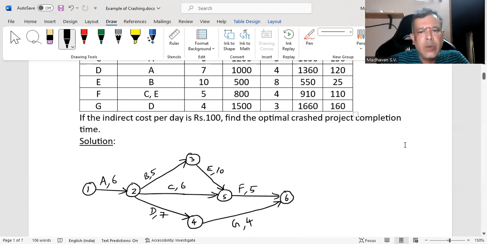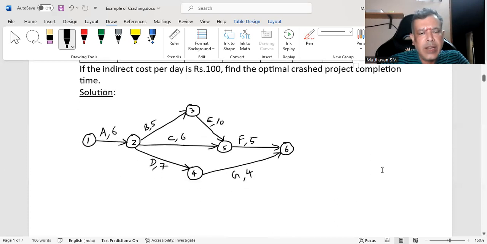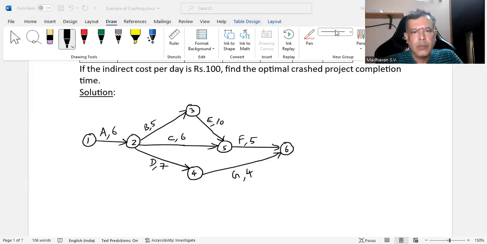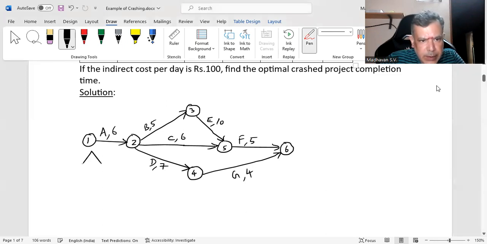Now the network is ready. The next step is to find out the critical path. For that, we will start with our forward pass and backward pass. For that, we will create a home-like structure like this.